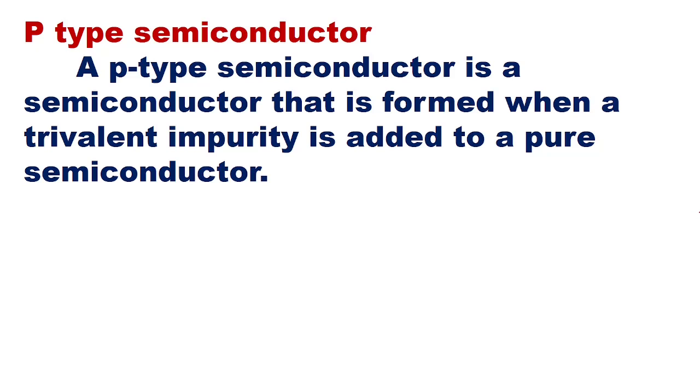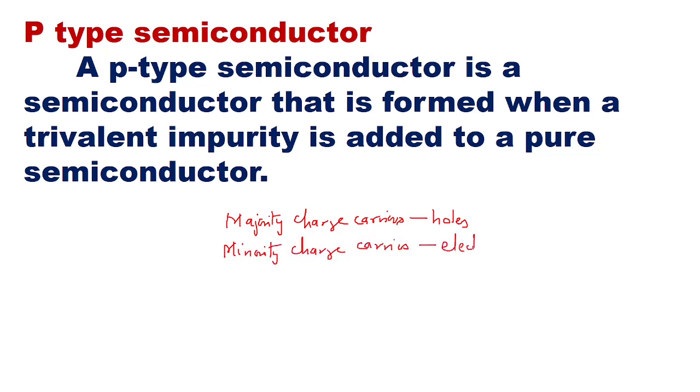So if you add impurity like trivalent to a pure semiconductor, you form p-type semiconductor. And in p-type semiconductor, we have majority charge carriers as holes and minority charge carriers as electrons.